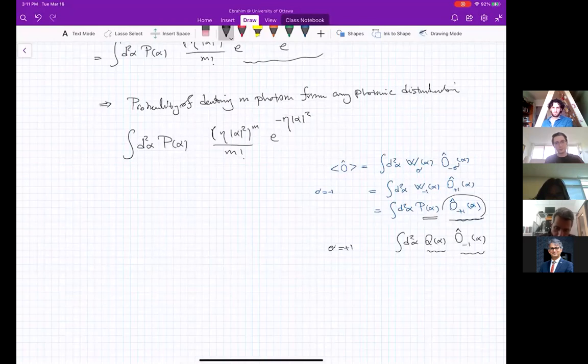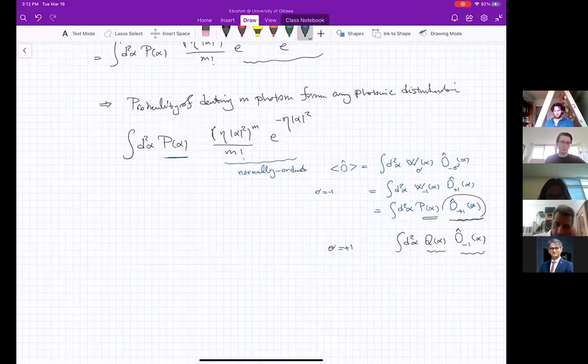Here, since we are dealing with the Glauber-Sudarshan probability, then we know that this is a normally ordered operator, which means that A and A dagger should be set in such a way that A dagger is on the left and A is on the right.